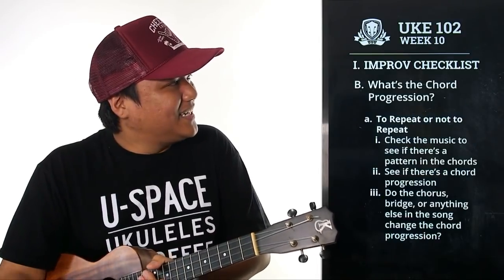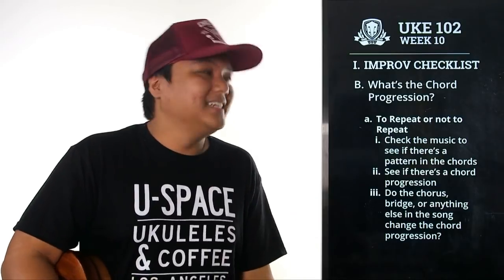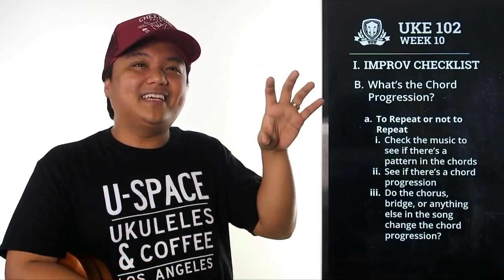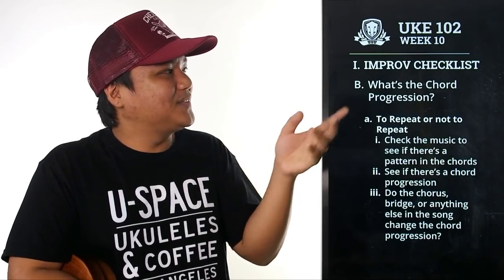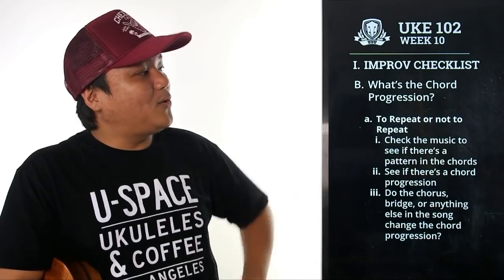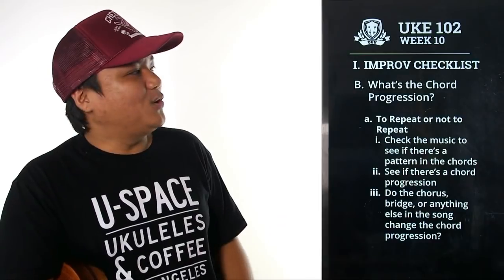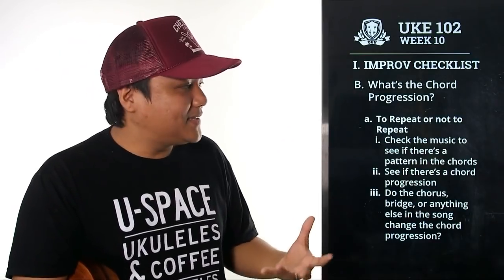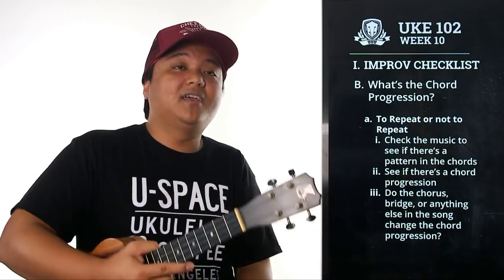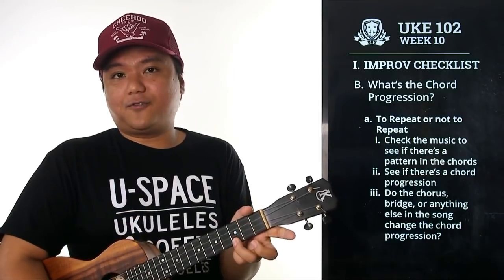So next up on our improv checklist is what's the chord progression. Knowing the key is one of the essentials. The chord progression, they might not be able to give it to you, and I'll explain why. First is to repeat or not to repeat. If there's a chord progression, does it repeat? Check the music to see if there's a pattern in the chords. A chord progression would be just G, B minor, C, for example.